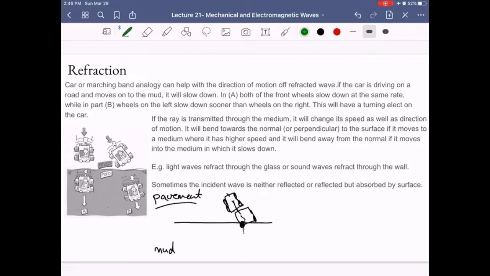And when this wheel has traveled a bit of a distance, the second wheel, meanwhile, was still moving fast, and it would have traveled a bit farther. Let me try it again.